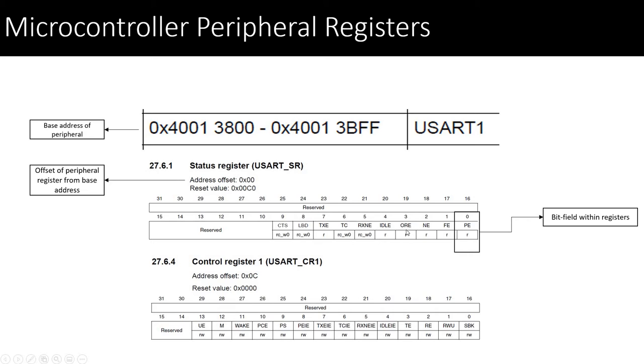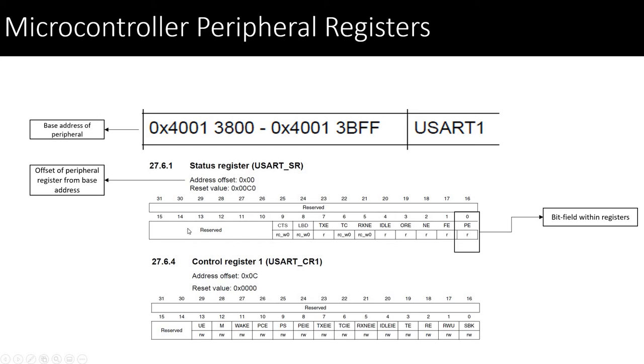Similarly, you can see ORE, IDLE. RxNE is not read only, it can be read and written. What this means is it can be read and cleared by writing 0. RxNE is also 1 bit wide, starts at offset 5.